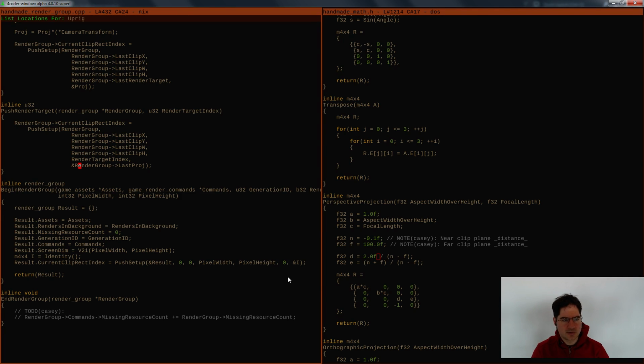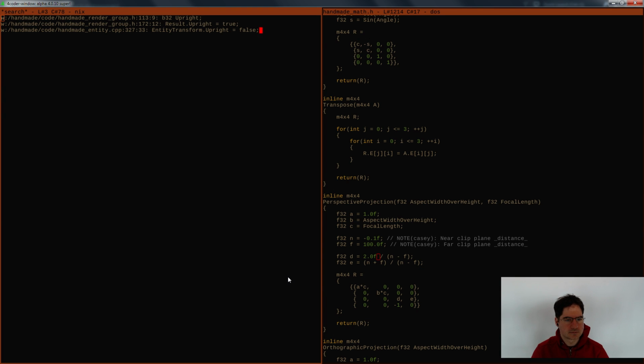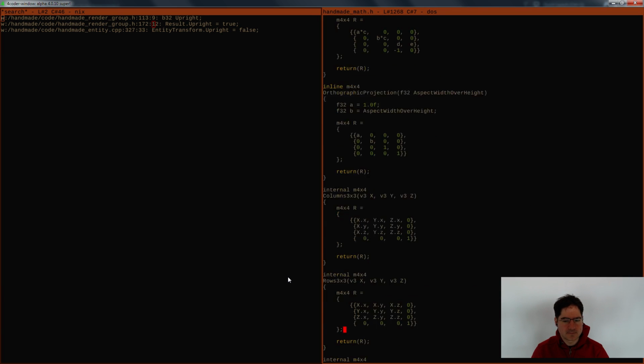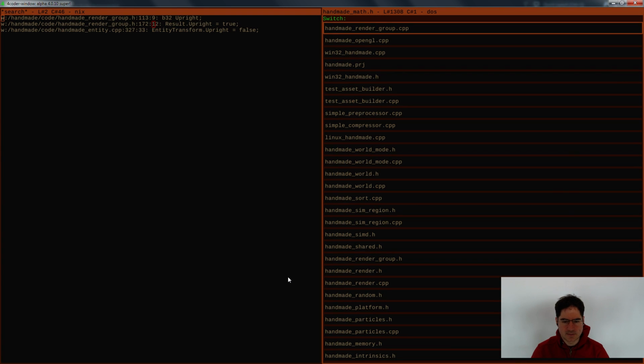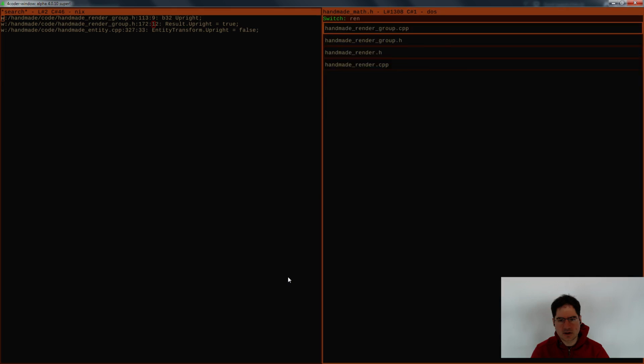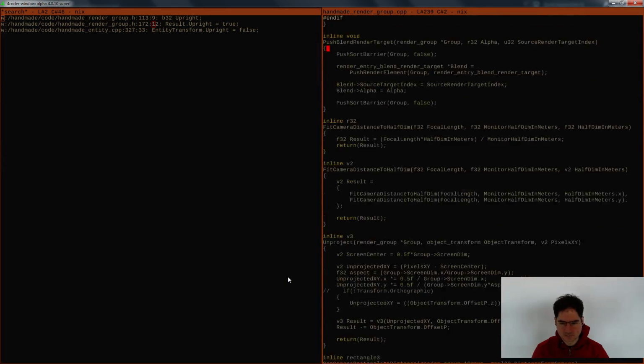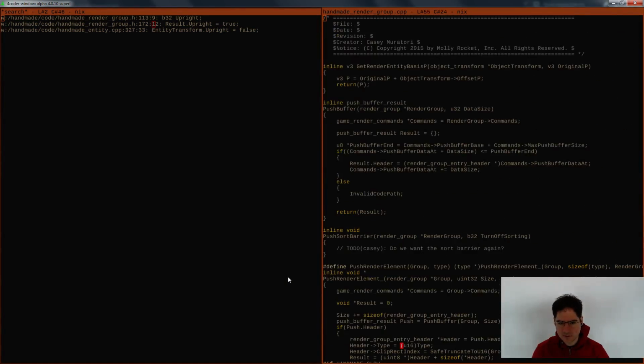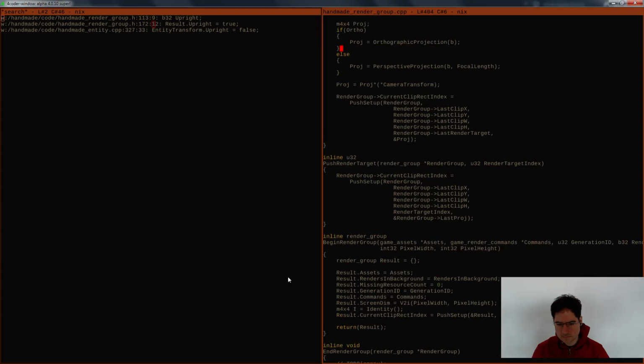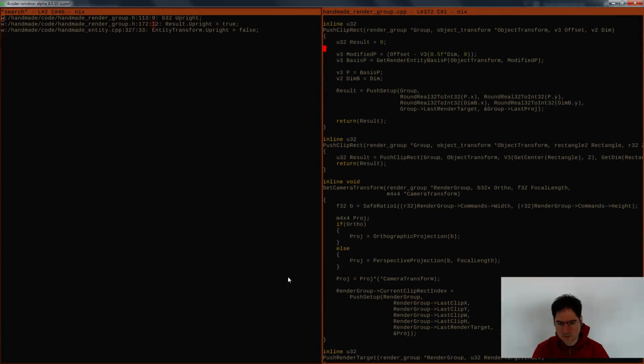I could be wrong about that. Yeah, you can see we're setting this upright transform, but we don't use it anywhere, right? But we do know when it's happening. And so when we're in here in our render group, let's see here.